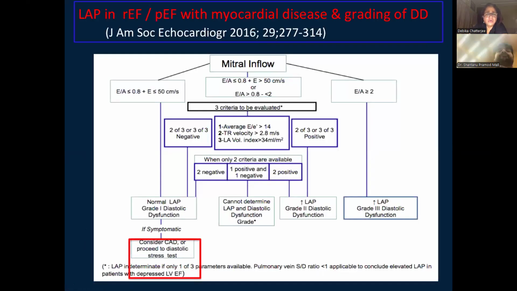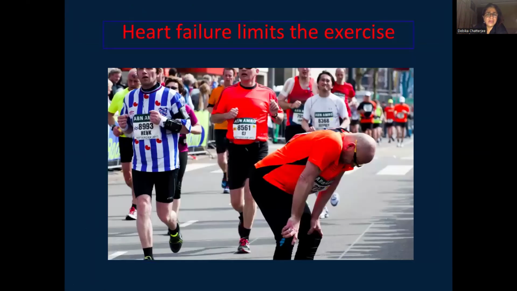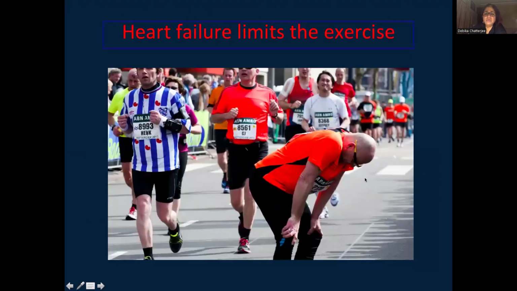Now, so long we were talking about the diastolic function assessment at rest, but there is a certain group of patients who, in spite of being in grade 1 diastolic dysfunction, where LA pressure is supposed to be normal, go into heart failure with shortness of breath as they exercise during a morning walk or evening walk.